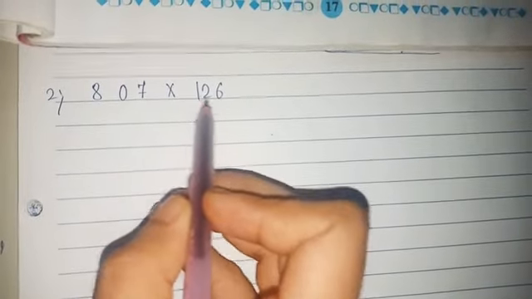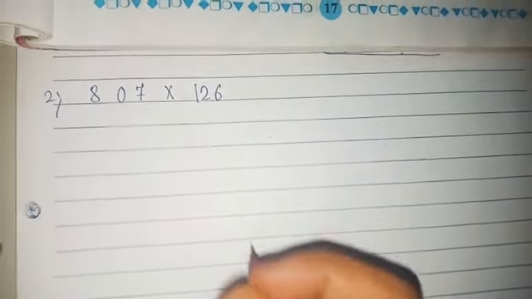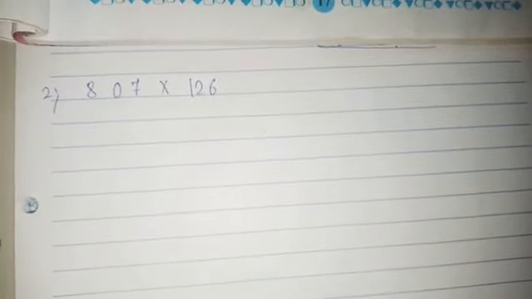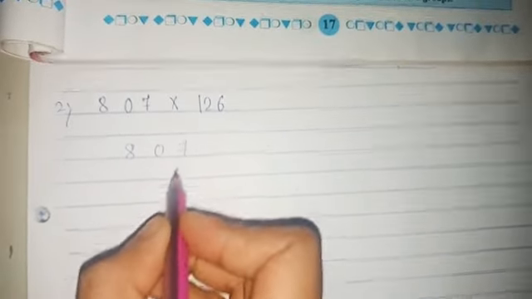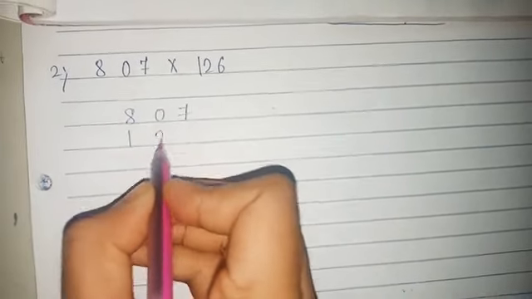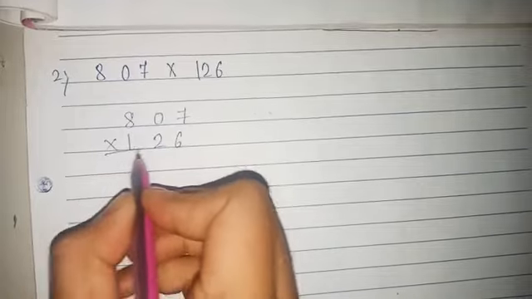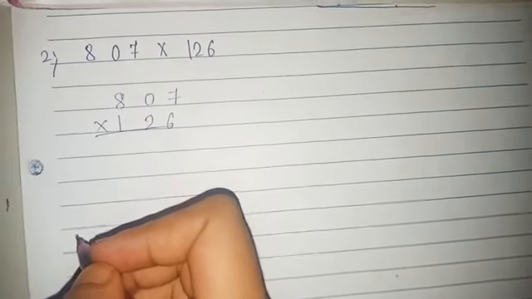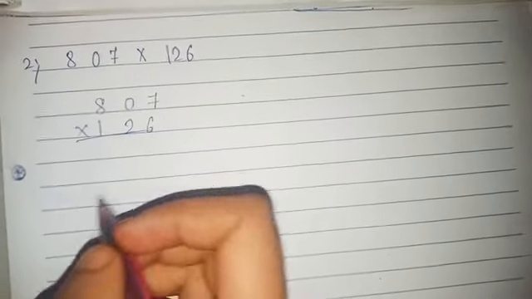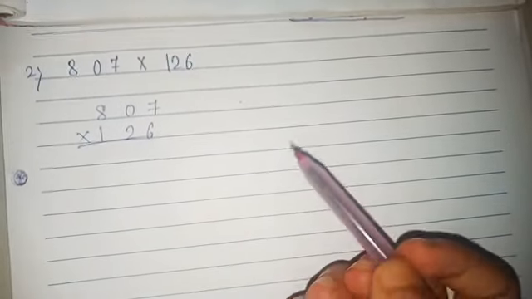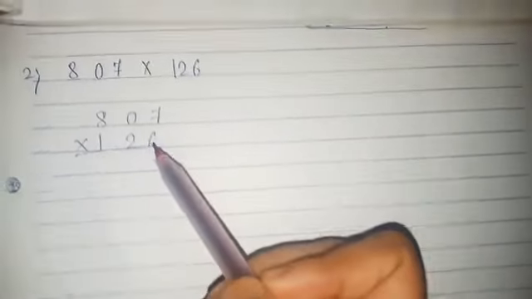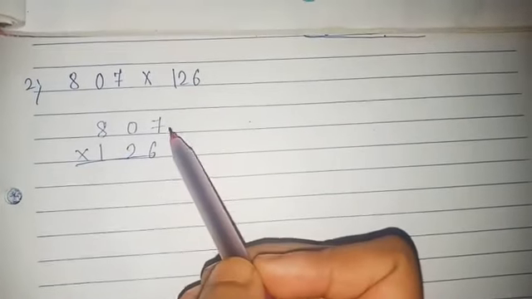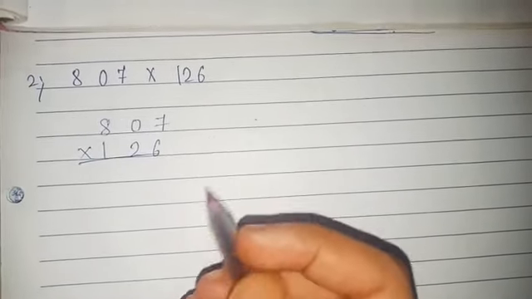Now question number 2. 807 multiplied by 126. First we will arrange them in vertical form like this. So let's start. First we will multiply 807 by 6. So 6 sevens are 42, right?